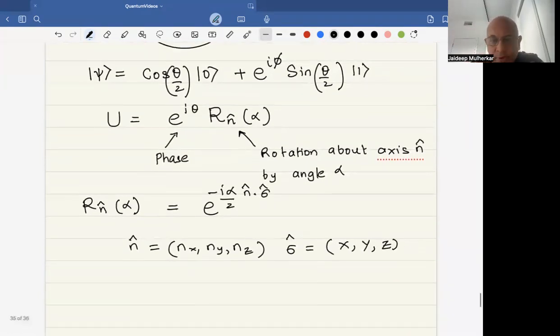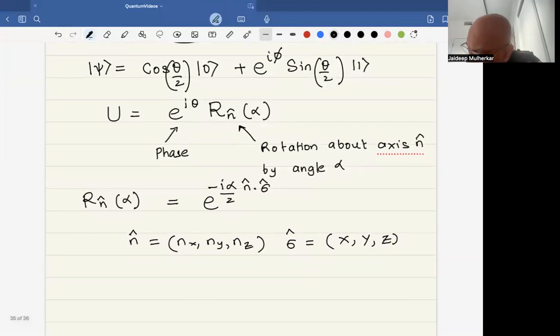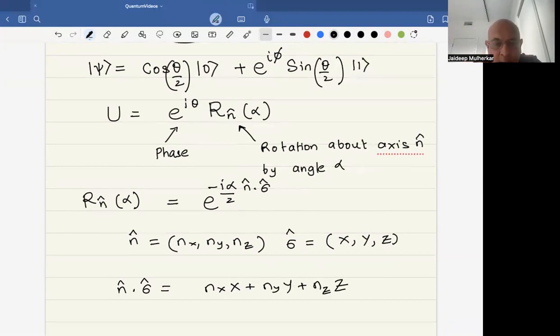Now, n dot sigma is nx X plus ny Y plus nz Z, and this is a unit vector, so nx squared plus ny squared plus nz squared is equal to 1.